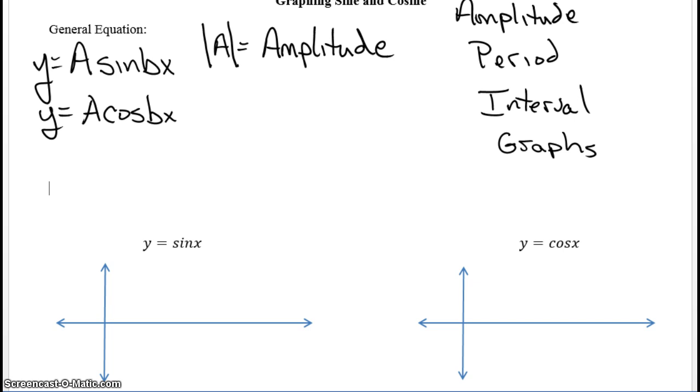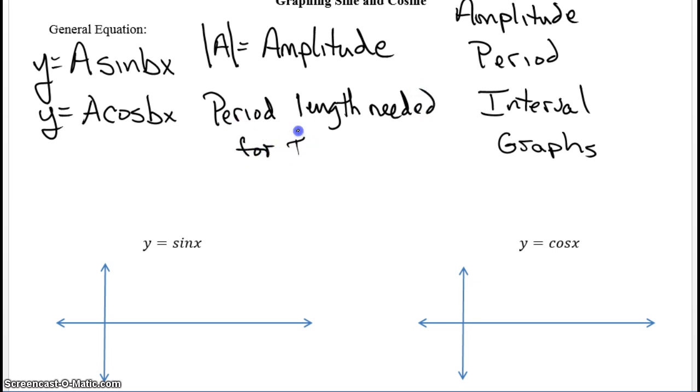Period. The period tells us how long it takes for the graph of the sine or the cosine to repeat. Period tells you how long it takes for the graph to go through one cycle. So that's the length needed for the graph to repeat.